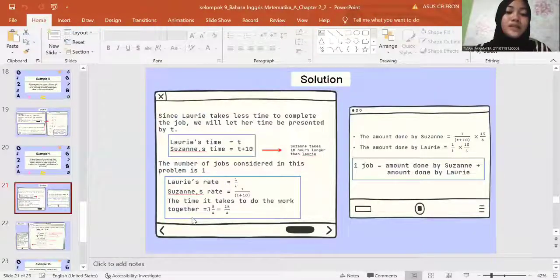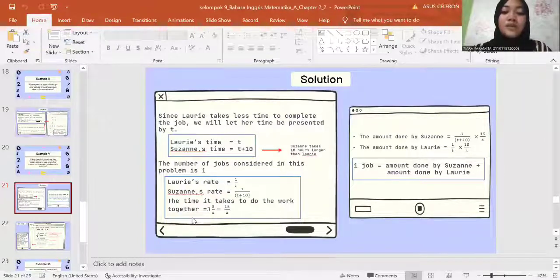The solution is: Lowry's time is t, Susan's time is t plus 10, since Susan takes 10 hours longer than Lowry. The number of jobs considered in this problem is 1. Lowry's rate is 1/t. Susan's rate is 1/(t plus 10).